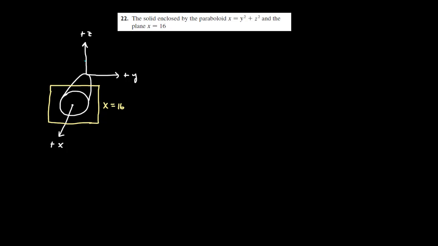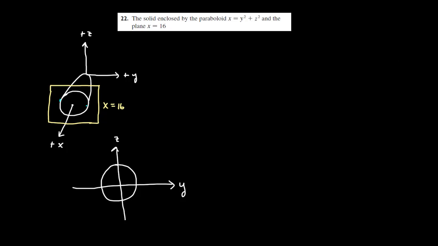If I do project it onto the YZ plane, I don't know if you can see that it's going to be the same circle except projected back onto the YZ plane. So I think it best that we just draw the projection plane separately. So this is Y, this is Z, and then we have this circle.